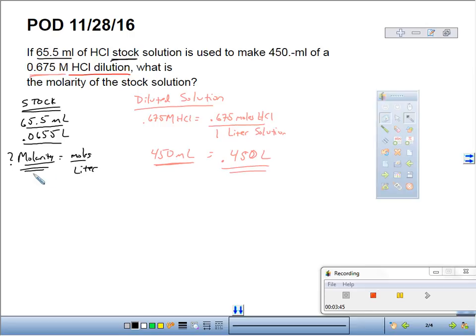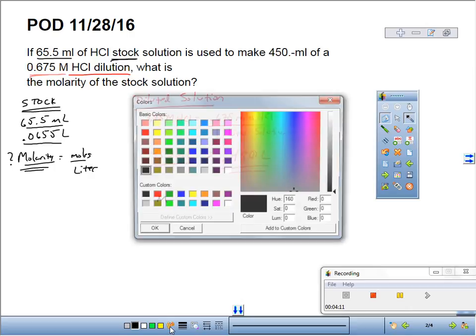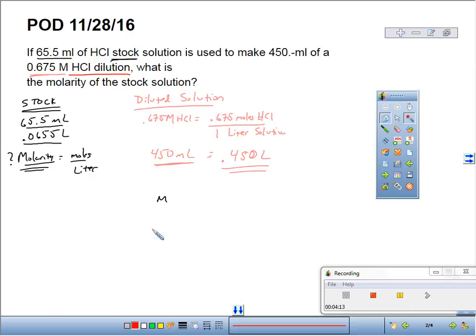Well, let's figure out everything we know about the dilute solution. We know that there's 0.450 liters of a 0.675 moles per 1 liter solution, so I can find out the number of moles that I actually put in. Where did that number of moles come from? It came from our stock.